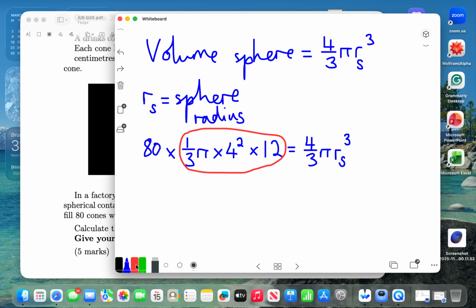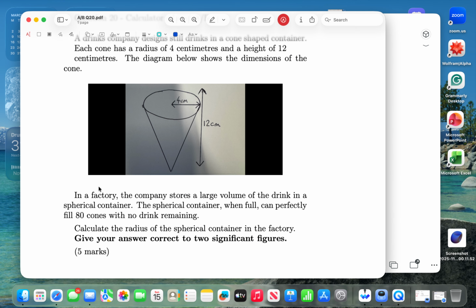We can divide both sides by pi, so cancel out the pi's, and multiply both sides by 3, because if we multiply by 3, we cancel out the 1/3. So that will be 80 times 4 squared times 12.